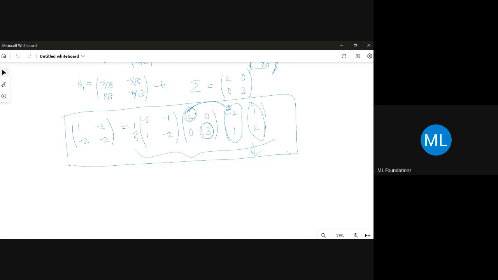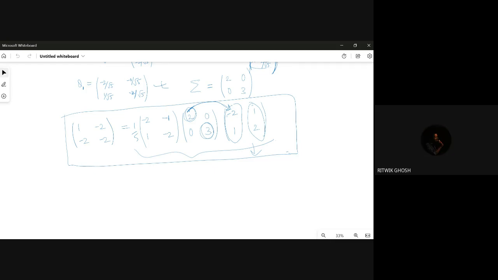I think in the last class also we had checked this, and we had gotten this to be the same if you do both cases. Last class, this was the symmetric case. If you do it for the rectangular matrix, we got the same eigenvalues. I think I showed it in the last class.